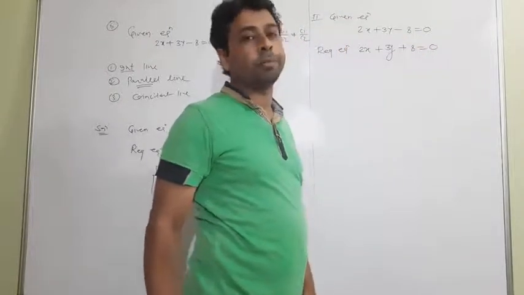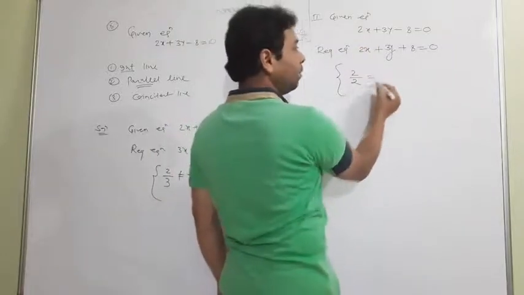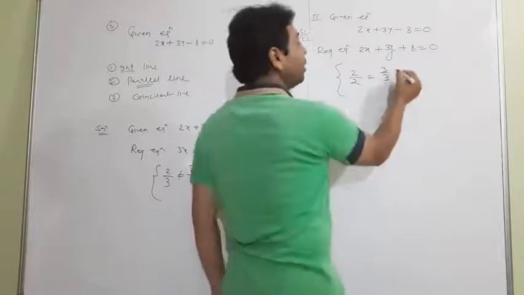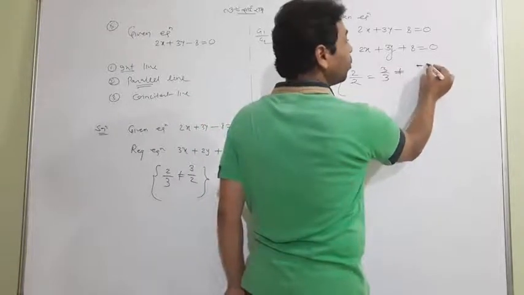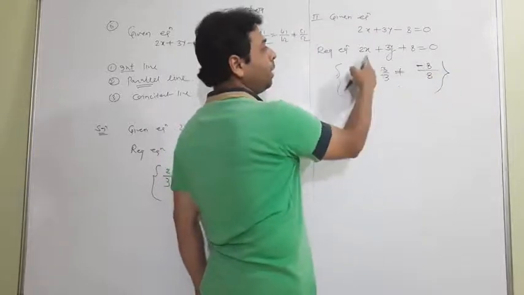It should not be the same. Now check: 2 by 2 is 1, 3 by 3 is 1, but it is not equal to minus 8 upon 8, which is minus 1. Since this condition is satisfied, this is the answer.